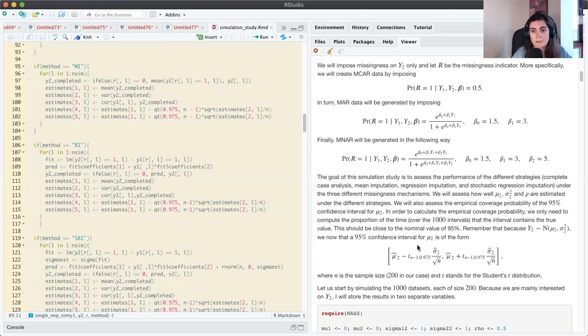Okay, so for each of the 1000 data sets, I will impose missingness, and then I will be interested in looking at the estimated sample mean, the estimated sample variance, the sample correlation, and the lower and upper bound of the interval, right? The estimated after imputing the missing values with each of the single imputation mechanisms, or by considering complete case analysis where I'm ignoring the contribution from the individuals with missing values, okay?